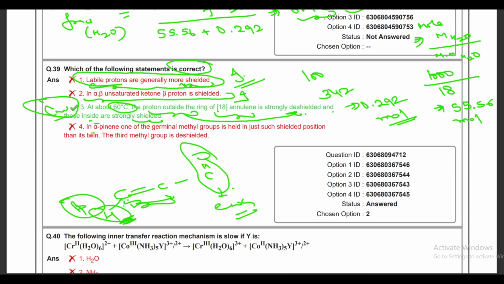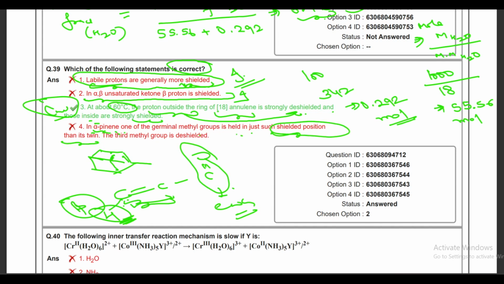In the fourth statement, alpha pinene. Okay, they are talking about alpha pinene. Its structure is like this. There is a double bond and one methyl group is here. So there are two geminal methyl groups. And they are saying one of the geminal methyl groups is held in a shielded position, then its twin, the other methyl, is de-shielded.